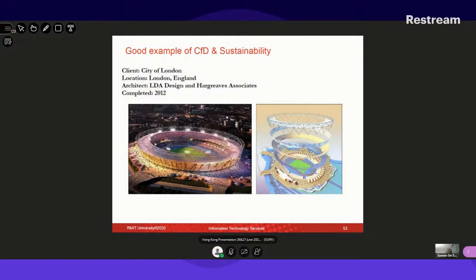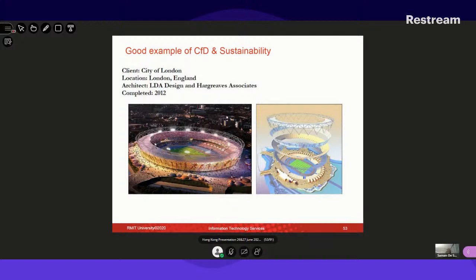So they decided certain parts of those elements can be temporary. You can disassemble and take away certain seating tiers, certain grandstands can be removed and taken away. So their design philosophy was set to that.